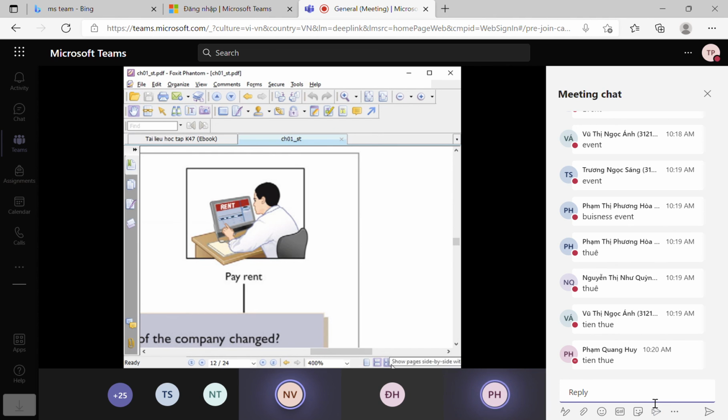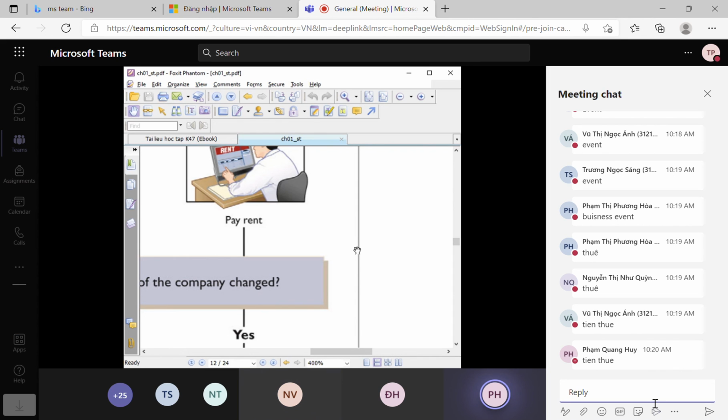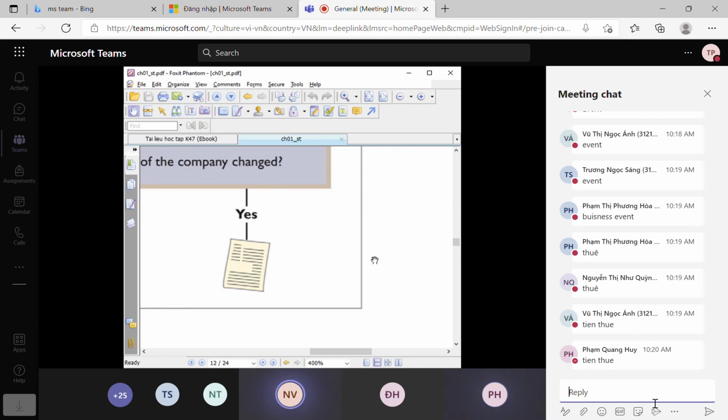Transaction, because it affects assets and liabilities. Why? You use their house and you have to pay the rent to them. It means that before that you are in debt some amount because you use their house. Now class, understand?